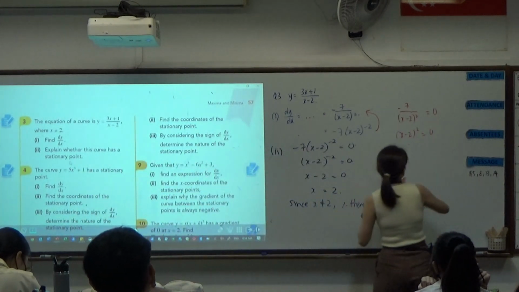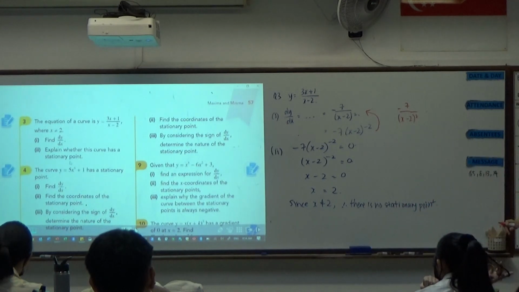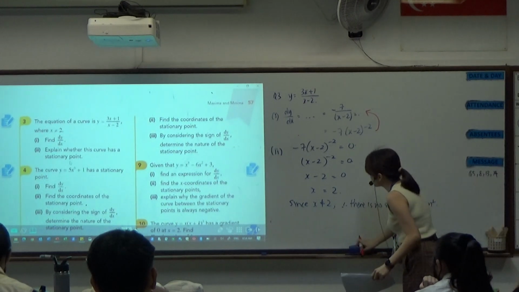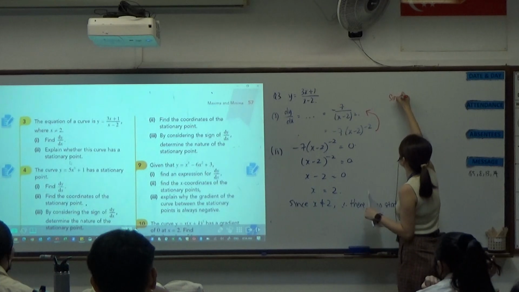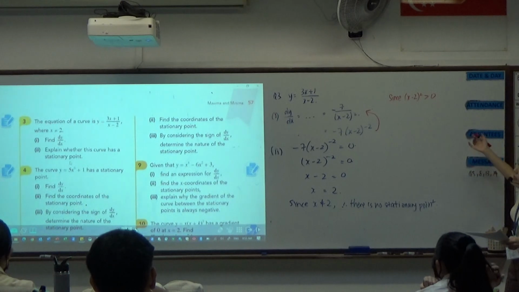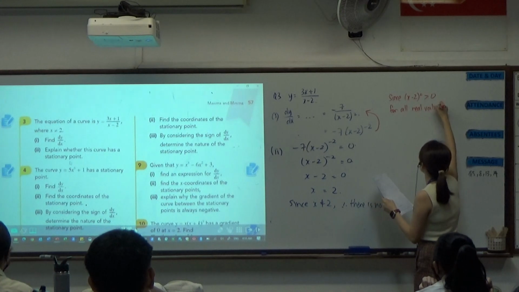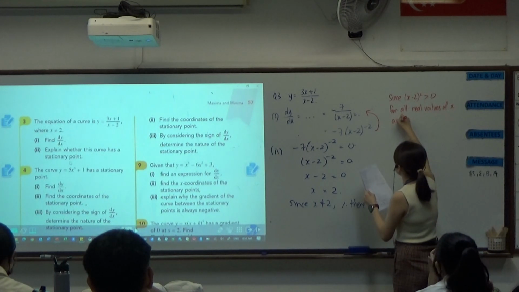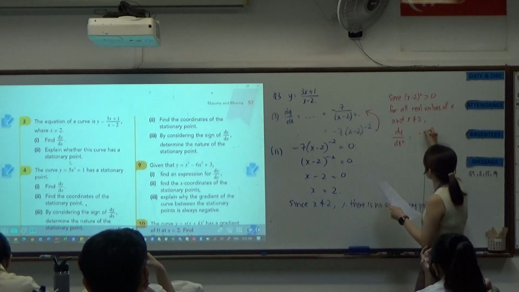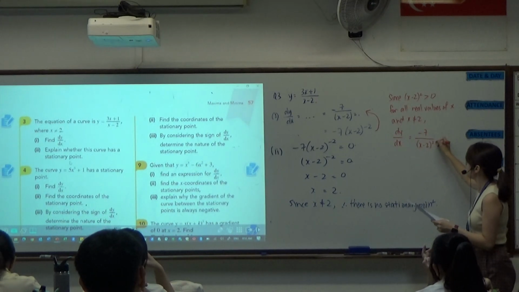Okay, so what you should be in fact doing is that, because the question says explain whether this has a stationary point, you need to say that your x minus 2 squared is always more than 0, for all values that are not equals to 2. Then your entire dy over dx is actually going to be negative.